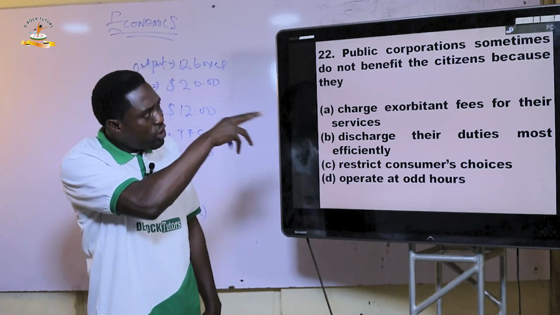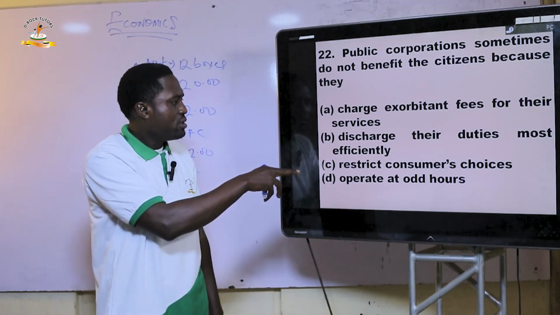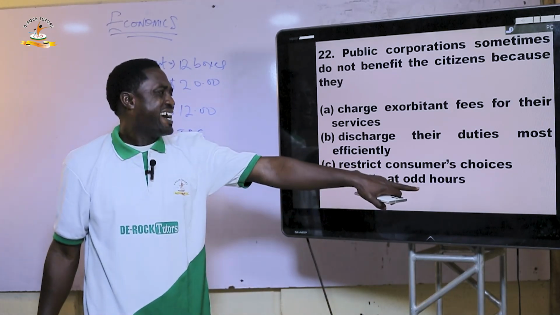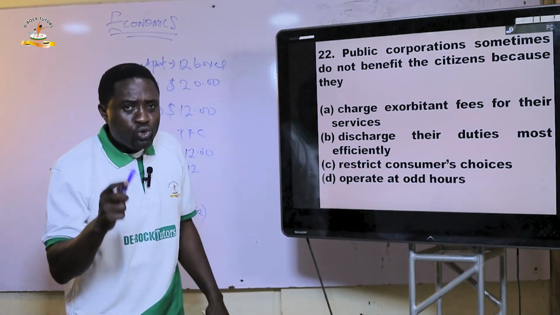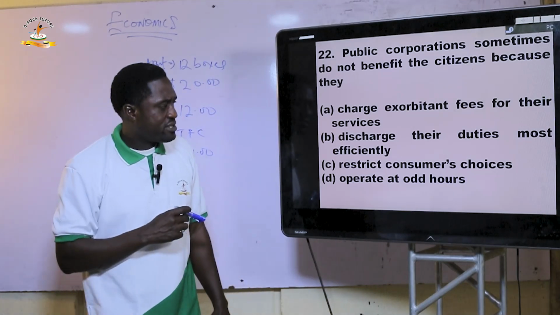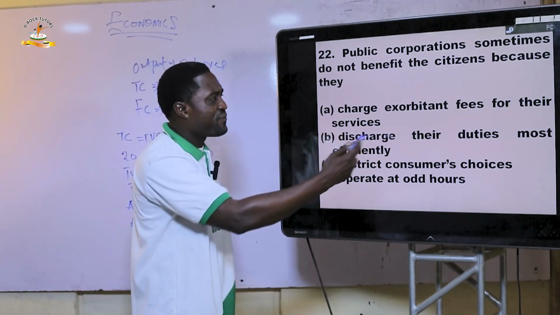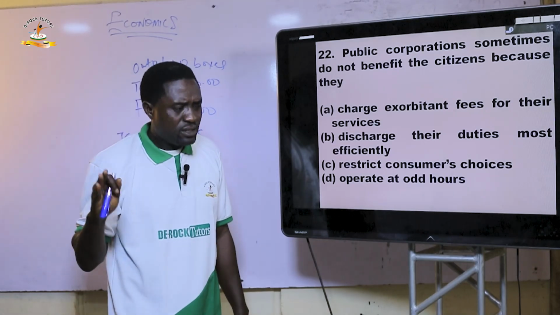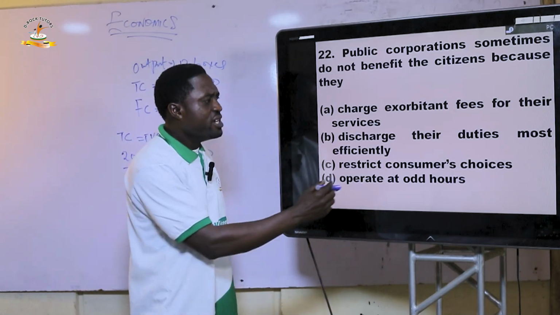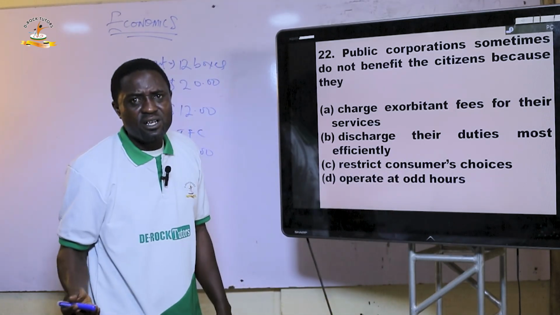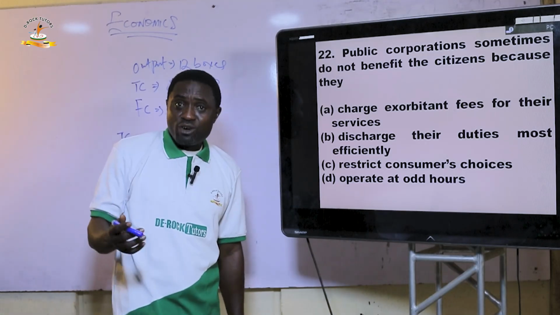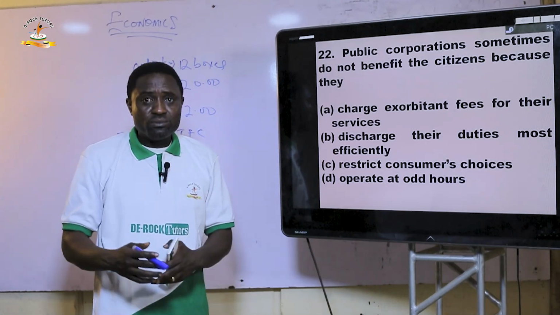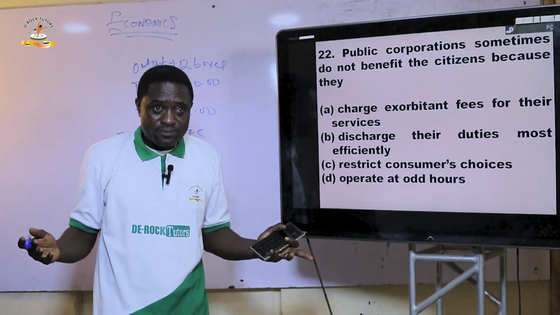Public corporations sometimes do not benefit the citizens because they restrict consumers' choices, or operate at odd hours. Two options are likely to be correct here. Charge exorbitant fees for their services. Yes, public corporations do it and it doesn't make sense. Then restrict consumers' choices. If you have a choice, thank God, it's just recently, for example, with NEPA light.